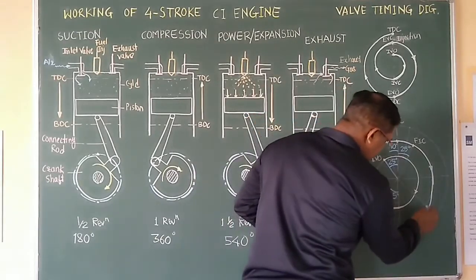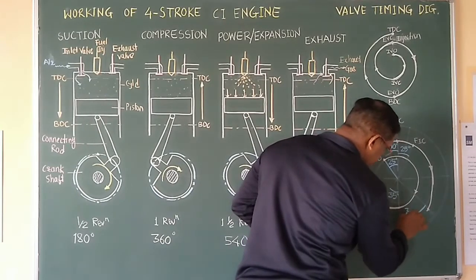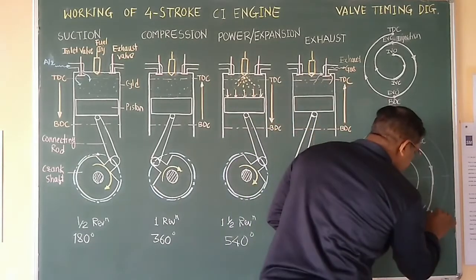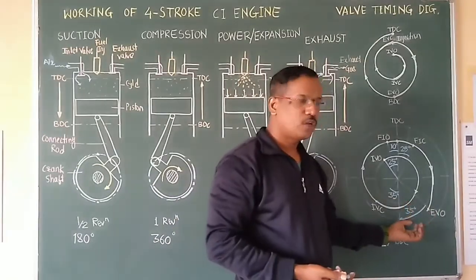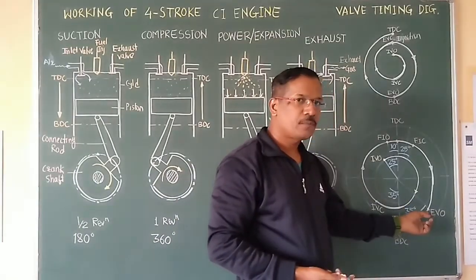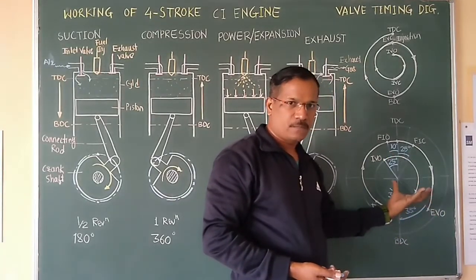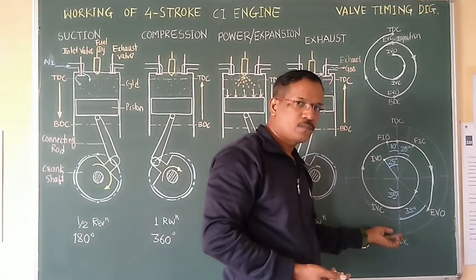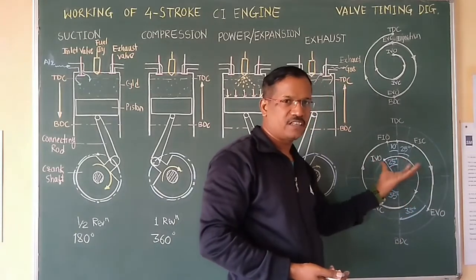and before the piston reaches BDC, about 35 degree, the exhaust valve opens. As I said in a previous video also, why do we open the exhaust valve before BDC? Because the burning gas has a tremendous pressure. So we can't wait for the piston to reach BDC, because that excess pressure will damage all the internal parts.